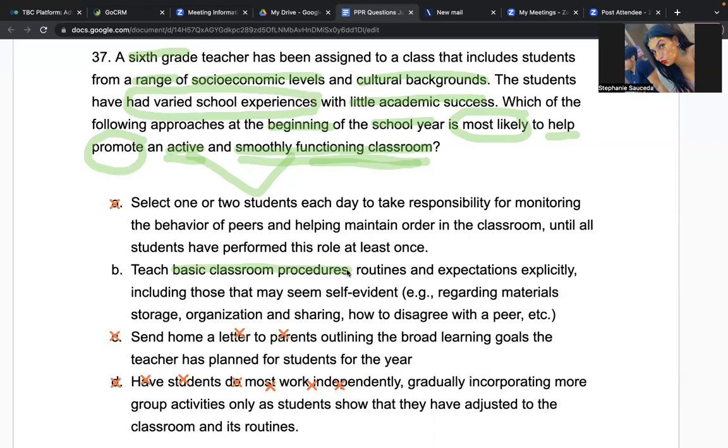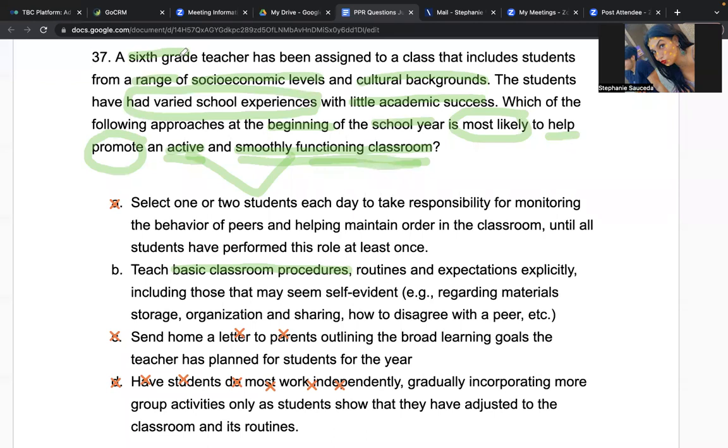And if we explain to the students explicitly, and especially, as this question says, even if they seem self-evident, and I think that's important because they range from varied school experiences, they had limited academic success. Sometimes if a teacher doesn't have a whole bunch of procedures and routines, there might be chaos. These are sixth graders.